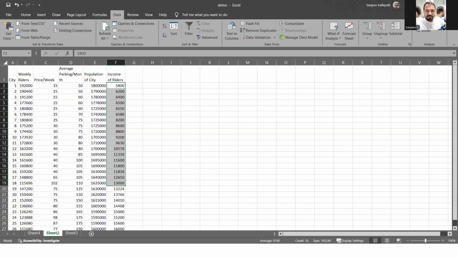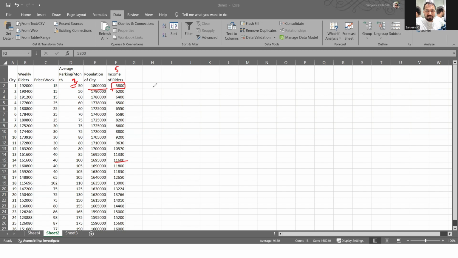Let us say if I show you these particular columns, the monthly income is about 4-digit or maybe max up to 5-digit. So we have 5-digit in income, only 2-digit or max 3-digit in parking per month, and population of the city is quite big. How do you compare when there is a scaling issue in the data set?